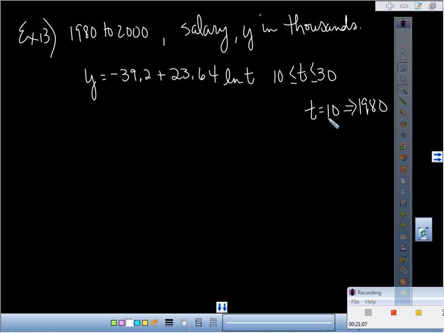What are they doing right there? They're testing you to see if you know what to do. You know, not just can you find an answer, but can you apply that answer and give me what I want to know. Here's what I want to know. In what year did the salary reach $40,000?